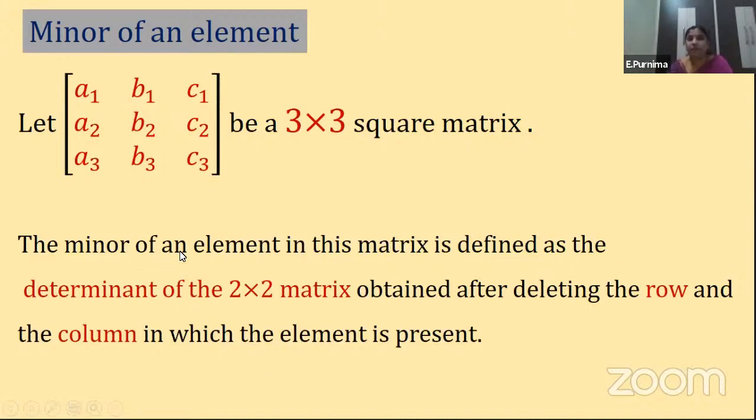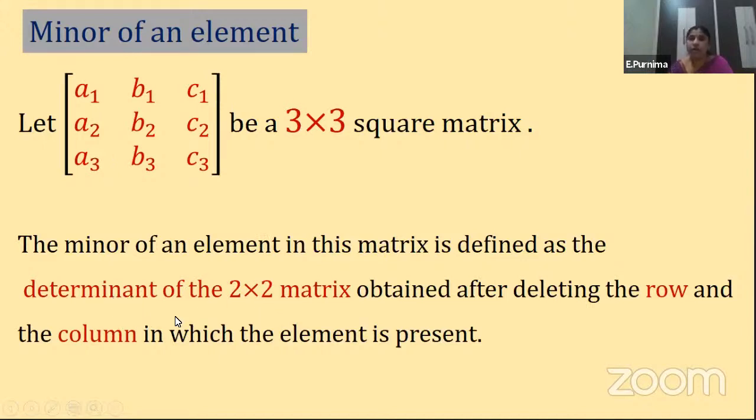So let us see. The minor of an element in the matrix is defined as the determinant of a 2 by 2 matrix obtained after deleting the row and the column in which the element is present. See here, what is the meaning of this? If you are asked to find the minor of any element, then how do we get it?